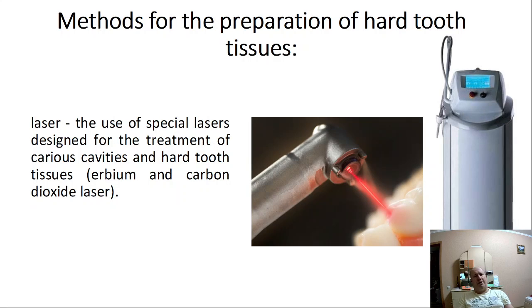Next one, laser. The use of special lasers. You can use different types of lasers, very different. We'll discuss it later. It's designed for the treatment of carious cavities and hard tooth tissues, for example, the carbon dioxide laser.